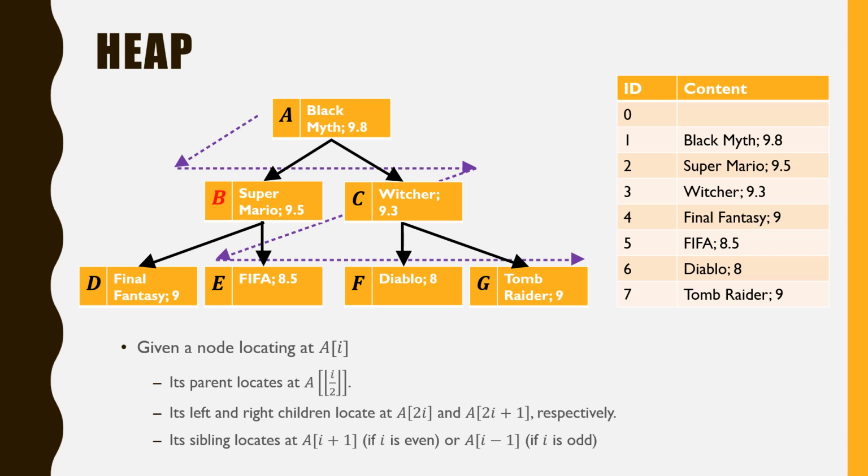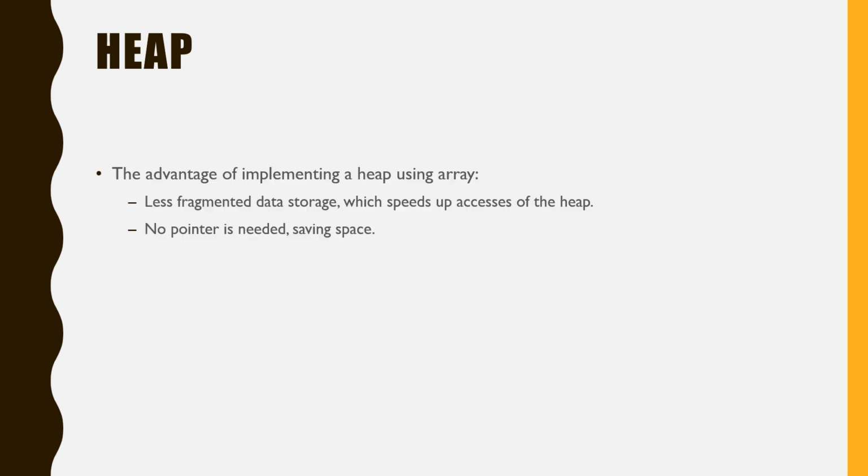The mapping between the tree nodes and array indexes allows constant time access to a node's parent, children, and sibling. This efficiency is crucial for the efficient implementation of heap operations. While it is possible to implement a heap using a tree data structure, the array implementation offers two advantages.